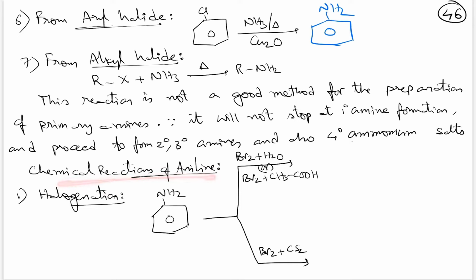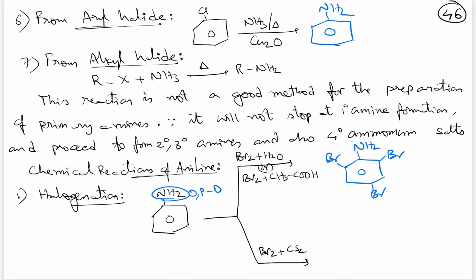Then coming to the chemical reactions of aniline. First reaction, halogenation. Aniline on reaction with bromine water or bromine plus acetic acid, we will be getting a polybromination product, because NH2 is a very strong ring activating group, and also NH2 is an ortho para director.